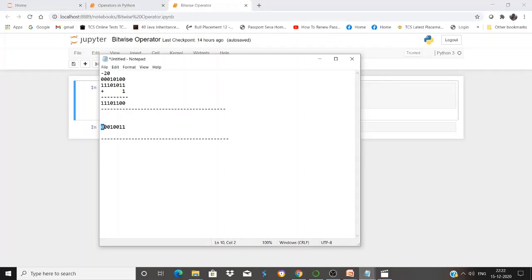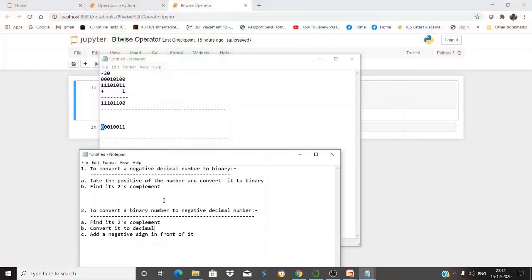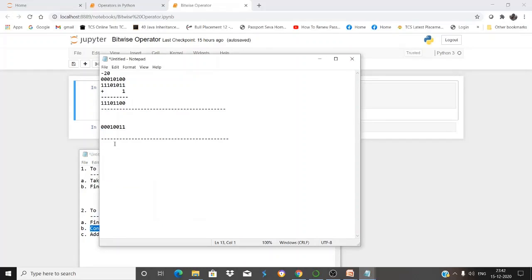When the most significant bit is 0, it indicates that it is a positive number. As it is a positive number, we will not perform step A and step C. For conversion from binary to a positive decimal number, only step B is required. So if we convert this to decimal form, we will get 19.